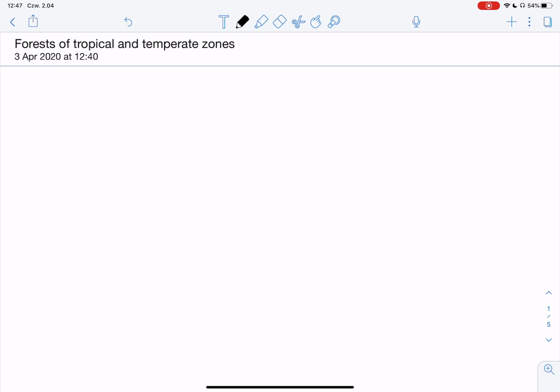So, guys, to start with, I want to clarify a few phrases. The first thing is broadleaf forest, which basically is made of deciduous trees, so the trees that have leaves.